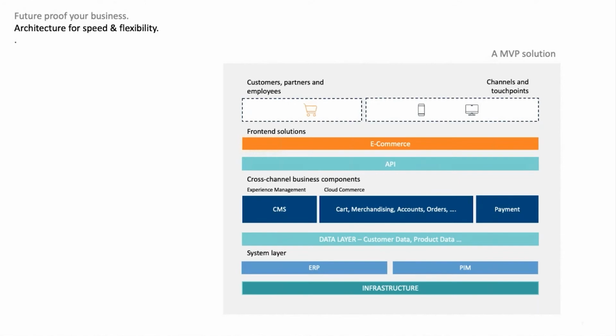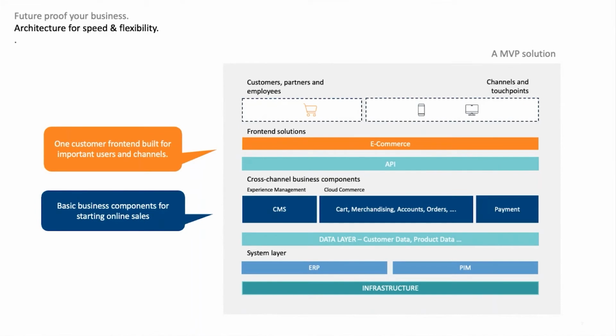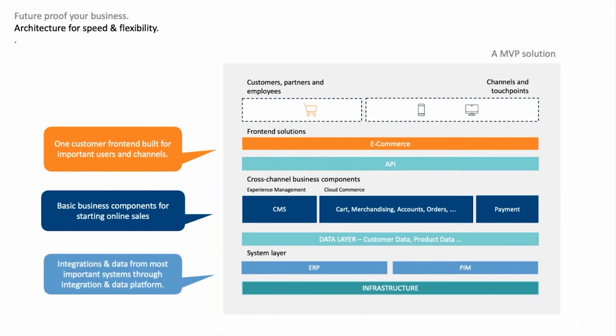And typically this includes one customer front end built for important users and channels, in this case, an e-commerce solution. Basic business components for starting online sales, and that is probably commerce functionality, payment, and a CMS. And also integrations and data from most important systems through an integration and data platform. And that could be integration to ERP and PIM, for example.